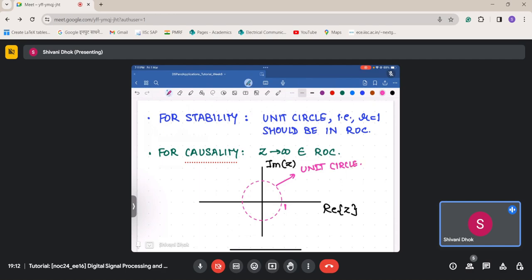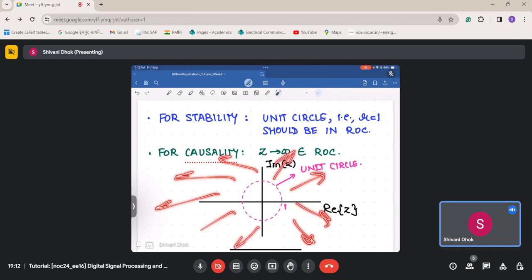For stability, this unit circle should be in the region of convergence. And since we are looking at LTI systems of rational form, the region extends to z tending to infinity, so we should have a region of convergence which is outwards from the contour given by the outermost pole.